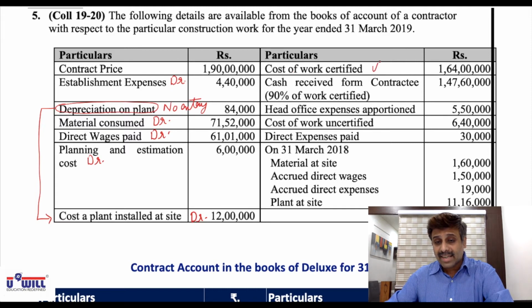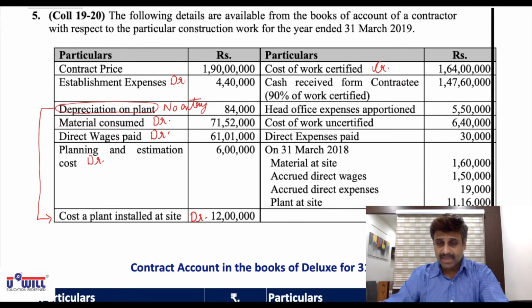Cost of work certified will come in credit side under the heading work in progress. Cash received from contractee. Now this cash received from contractee has no entry in contract account, but it is 90% of work certified. So from this amount we will be able to find work certified, and that work certified will come on credit side.